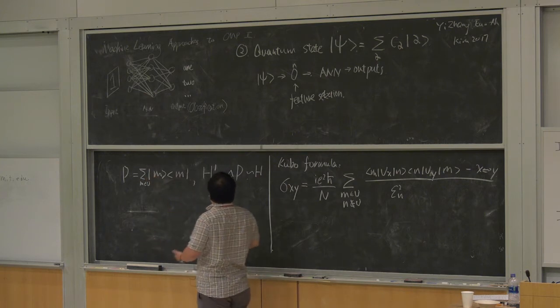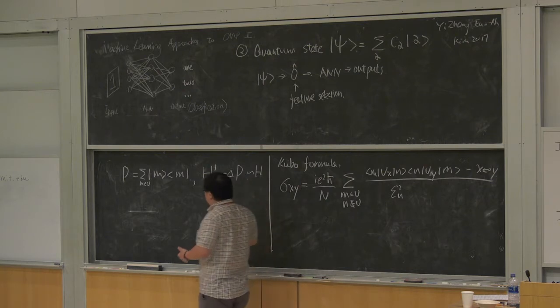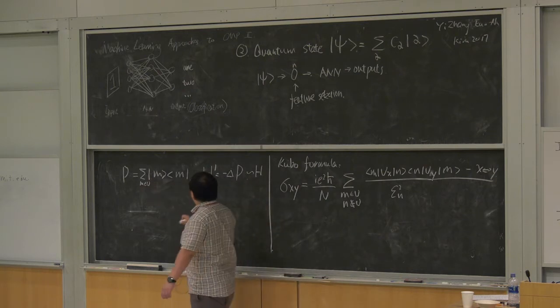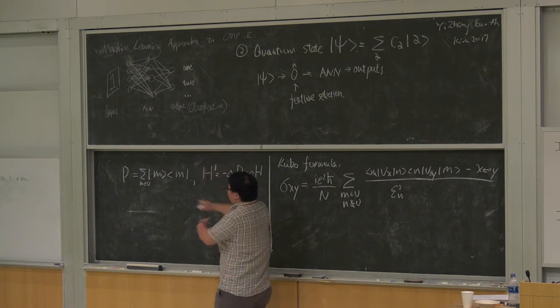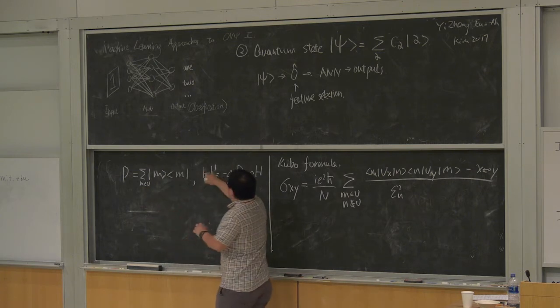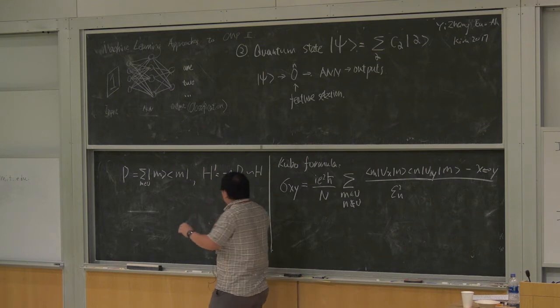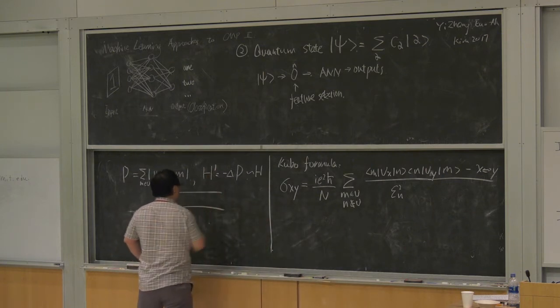Also, for a single particle state that's within the valence band, the value for H prime will be minus delta. And for a state which is not within the valence band, this effective Hamiltonian will return 0. In other words, this H prime will give you a flat band.